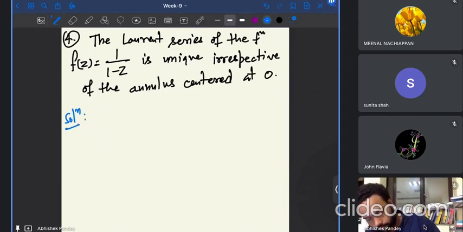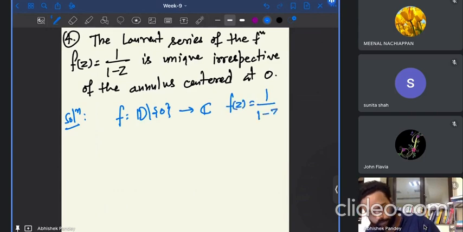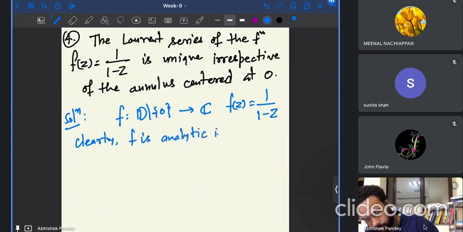So the function is from the punctured unit disk to C, defined by f(z) = 1/(1 - z). Clearly f is analytic on the set such that |z| is greater than 0 and less than 1.